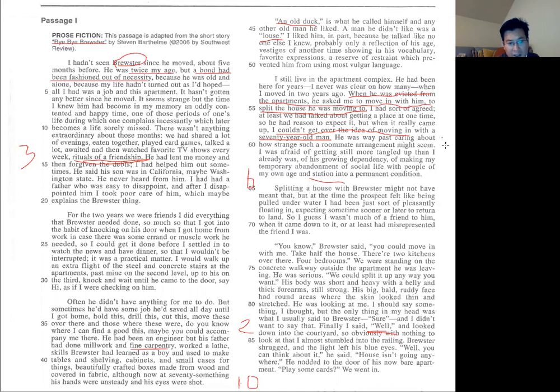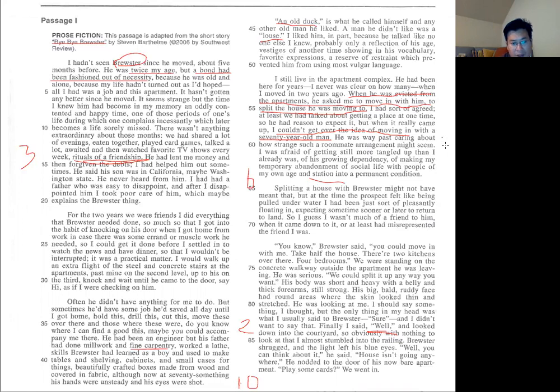And then later on, line 64, reading the full sentence, line 61: I was afraid of getting still more tangled up than I already was, of his growing dependency, of making my temporary abandonment of social life with people of my own age and station into permanent condition.